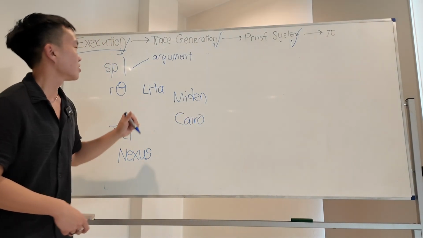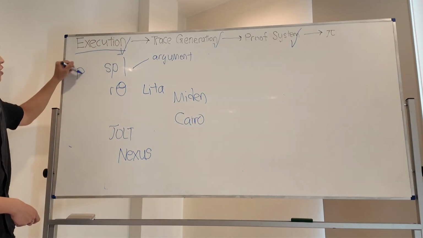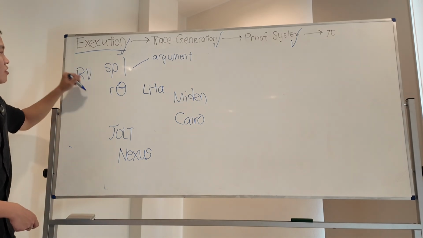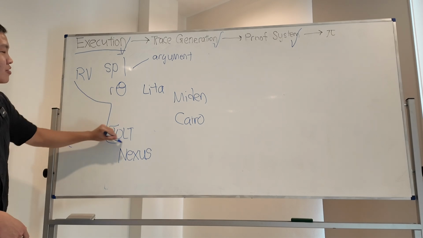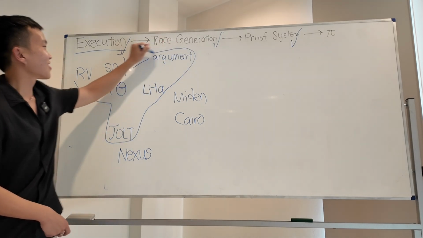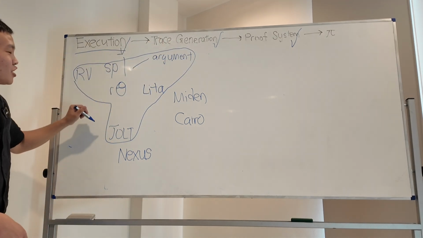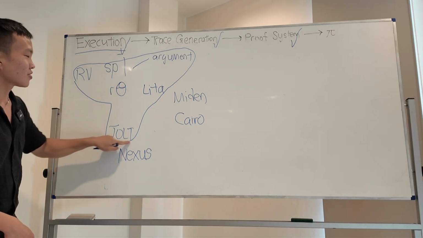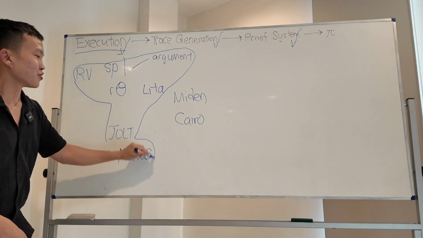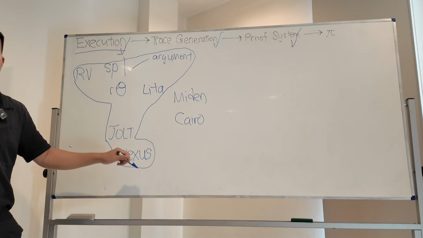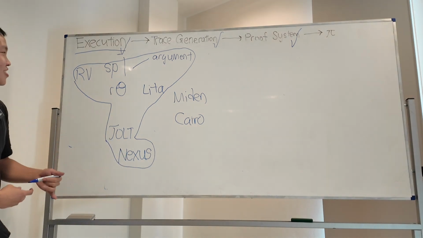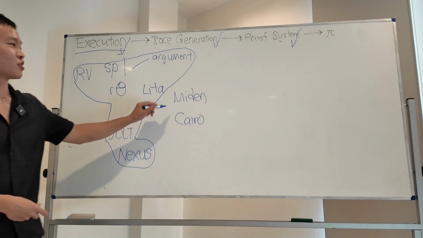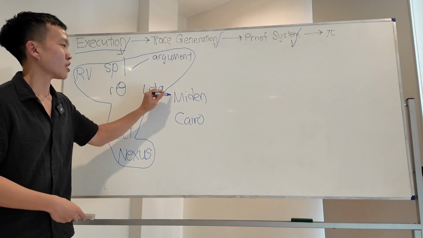Yeah. So you can think of them as using RISC-V here, sort of RISC-V, maybe here, right? And they're also using a reduced instruction set, sort of a RISC architecture. And then these teams are using their own ISA, right?